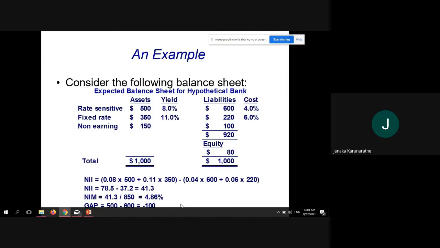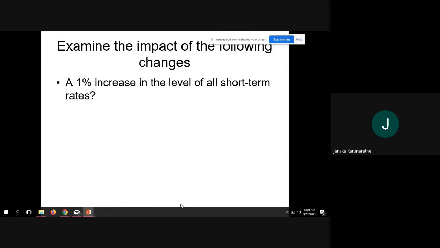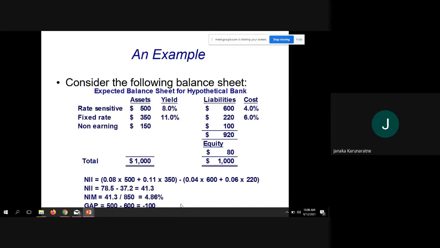Don't look at the answer. Now let's say interest rate changes by 1%. Change means a 1% increase. That is, 1 year rates would rise by 1%. Can you all calculate these numbers? Don't look at anything.